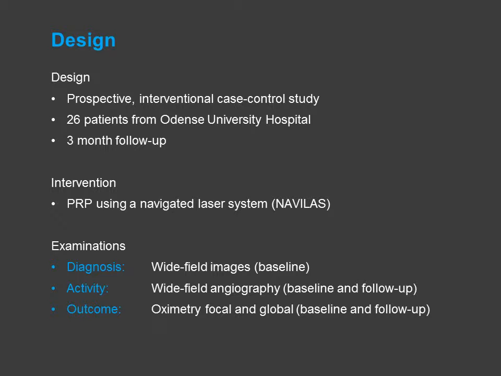The intervention, as stated earlier, was panretinal photocoagulation with a Navilas system. The examinations at baseline was wide field image. The activity of proliferative diabetic retinopathy was determined with angiography, and the outcome, maybe the most interesting part of it, was done by measuring oximetry with a focal and global focus. I'll get back to that.